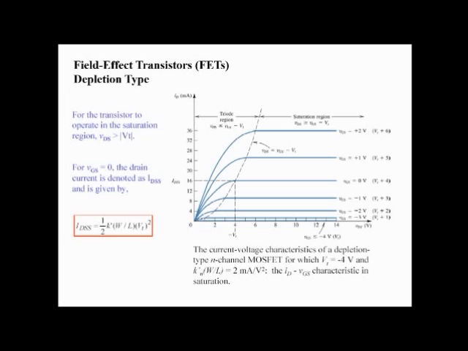For the transistor to operate in the saturation region, as I have already told, VDS, the drain to source voltage, should be greater than the threshold voltage.